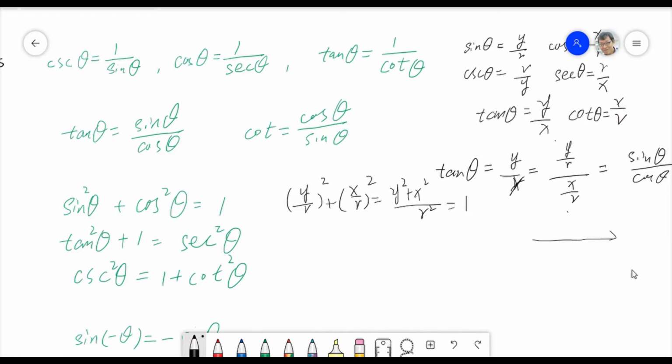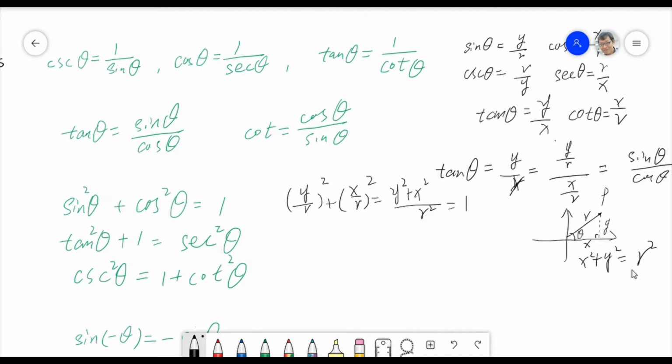Remember, we are talking about when we study angles. Here is theta, and this is a point P. Normally we draw a line here, so this is x, this is y, and this radius is r, right? Since this is a right triangle, x squared plus y squared equals r squared, and r here equals 1 unit.